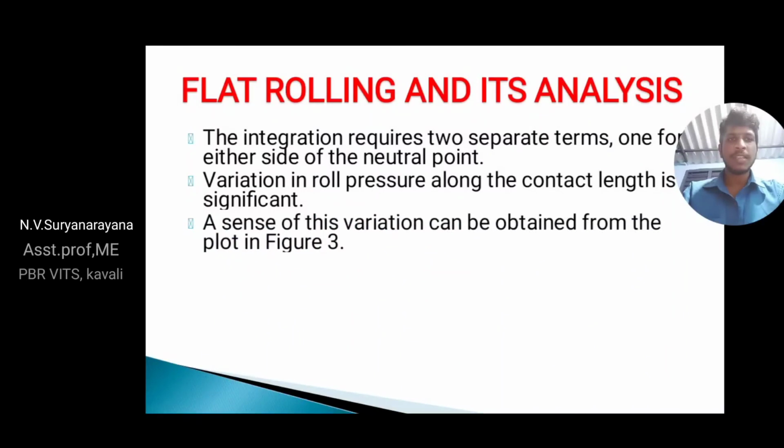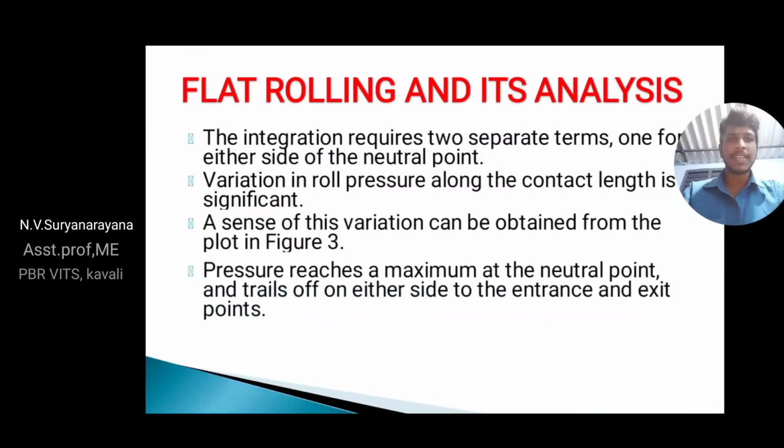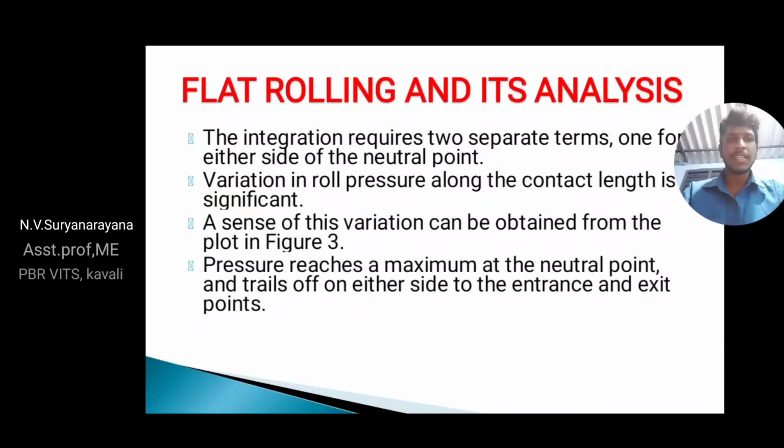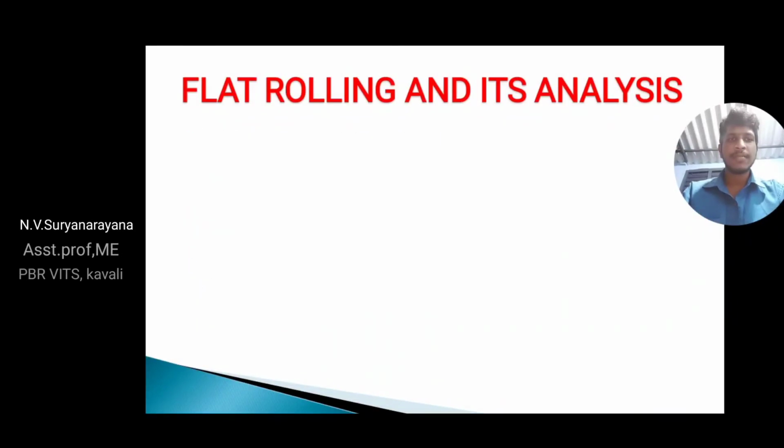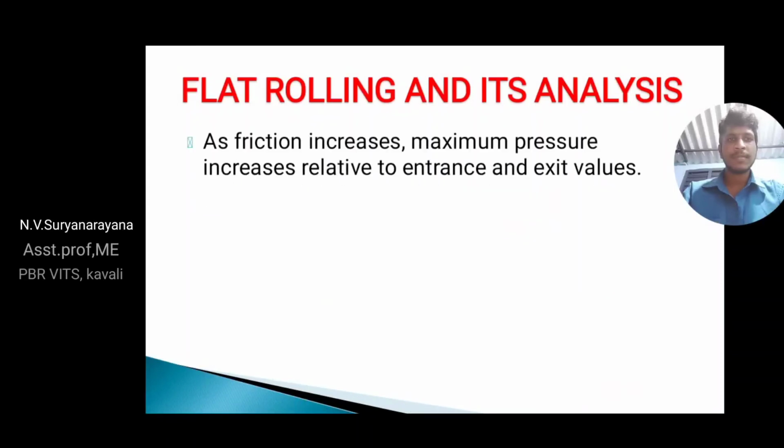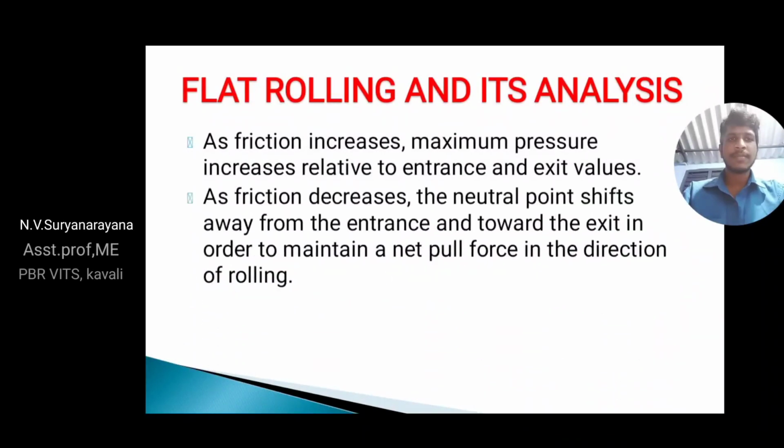Variation in roll pressure along the contact length is significant. Pressure reaches a maximum at the neutral point. As friction increases, maximum pressure increases relative to entrance and exit values.